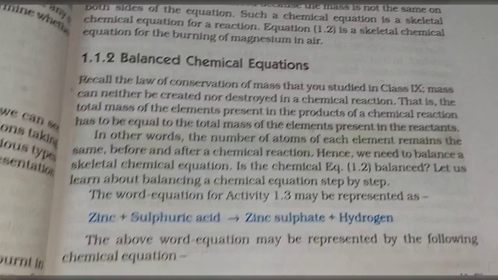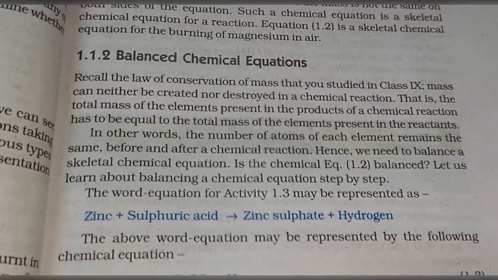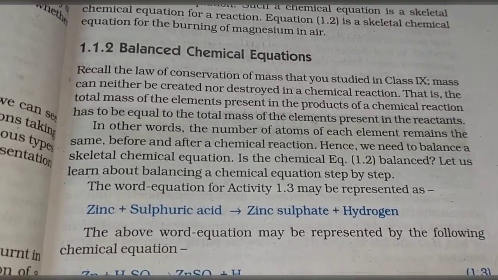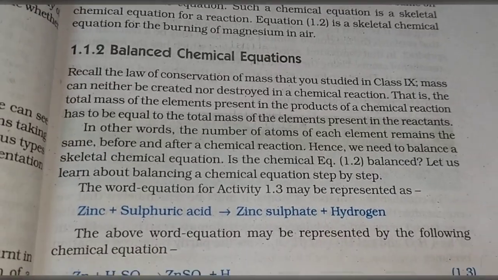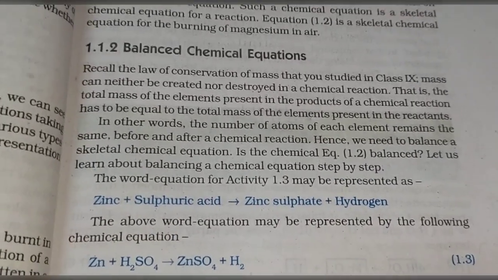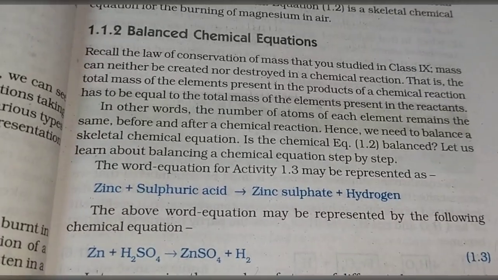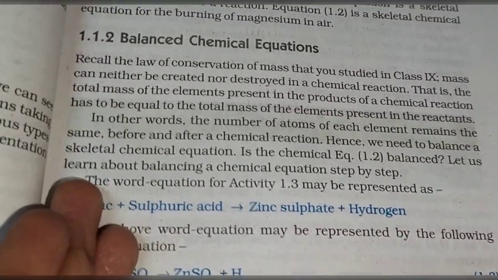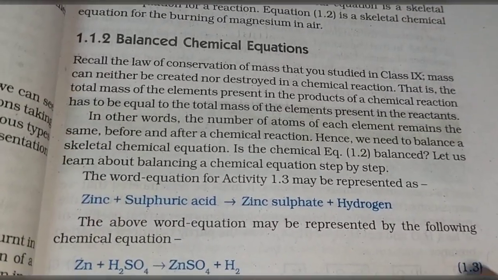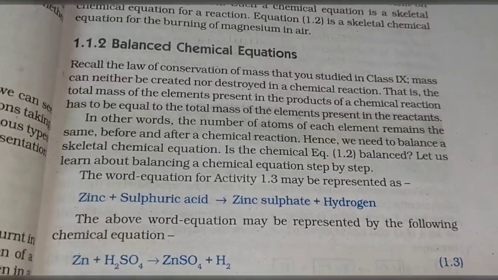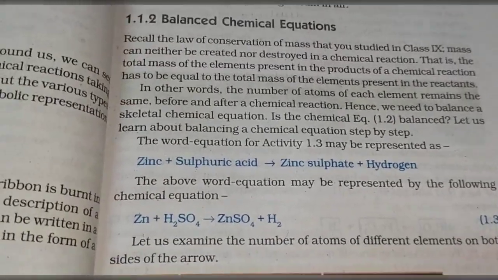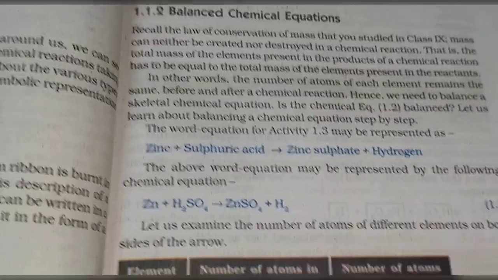So the total mass of the elements present in the products of a chemical reaction should be equal to the total mass of the elements present in the reactant side. So the total mass of reactants is equal to the total mass of products. Like that, the number of atoms present in reactants should be equal to the number of atoms present in the products. So how can we do that? We can do that by balancing a chemical equation.